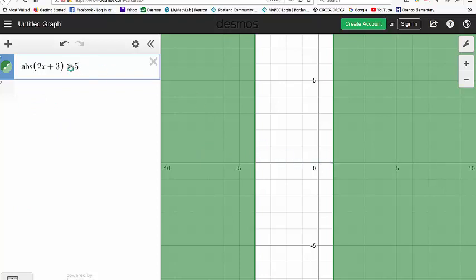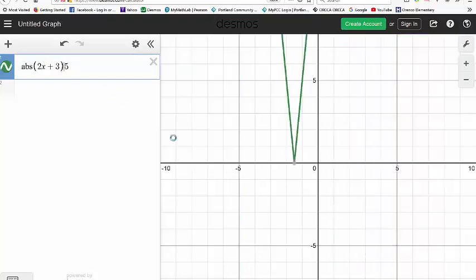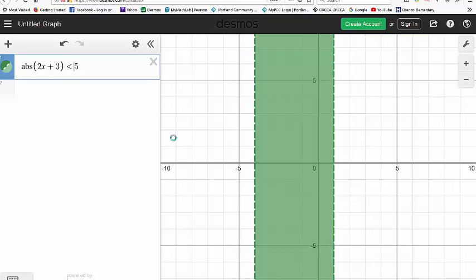Whereas if I just did a straight up greater than, they would be dashed. And before, when I had the less than sign, they were also dashed, when you're not including those values. So I just wanted to remind you that that feature is there in Desmos, but I also want you to understand what's actually happening graphically with this. Okay, great.